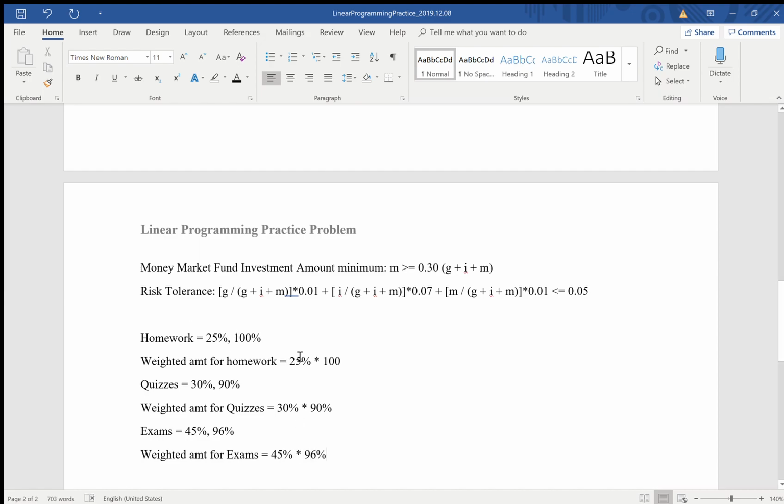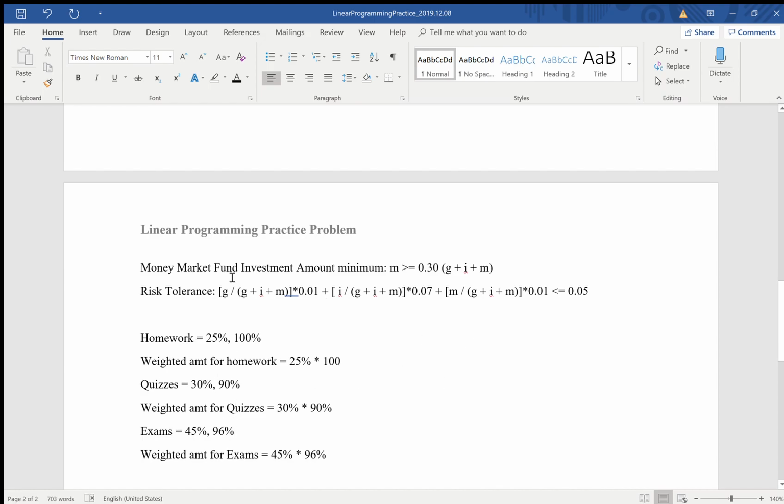And then what you do, after you make these calculations, is add them up. And if you do, the grade that I end up getting is 95.2%. So that is the concept of what a weighted average is.